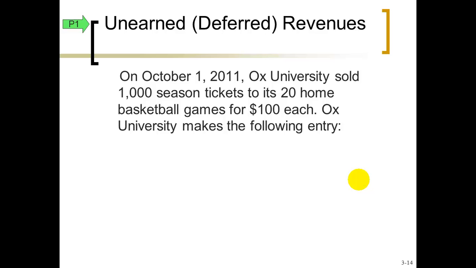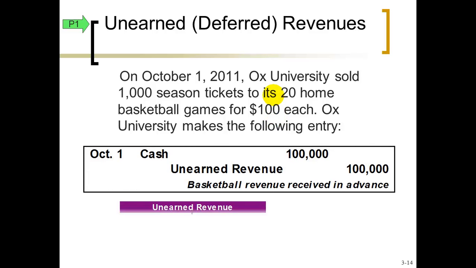So we had an example here for a college or university, Ox University. They sold 1,000 season tickets, and each ticket allowed the bearer to go to 20 home basketball games, and the cost of these season tickets was $100 each. So the total amount of cash being collected is $100,000 debit cash, and the credit cannot be going to a revenue account.